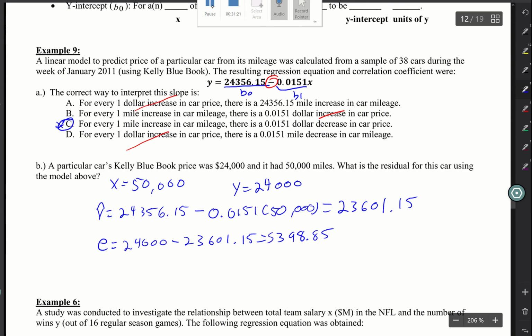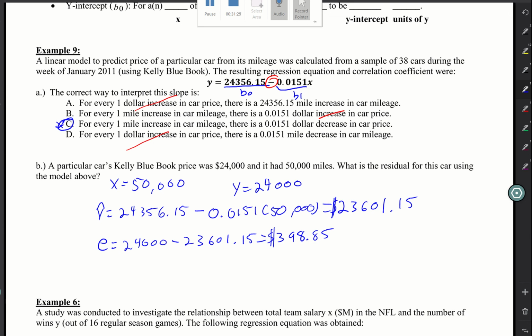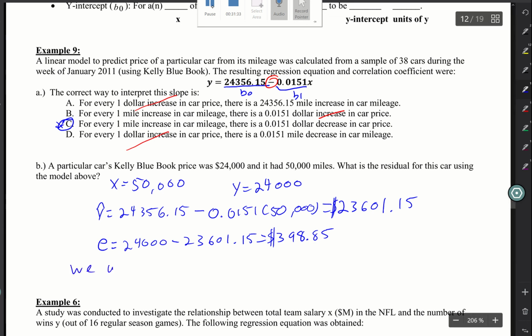All right, and just a reminder, these are all in dollars. So what would we have done with this? Did we overpredict or underpredict? We underpredicted. Any questions on that?